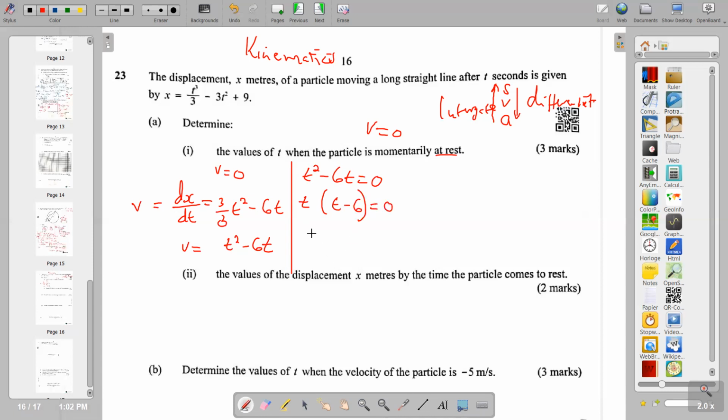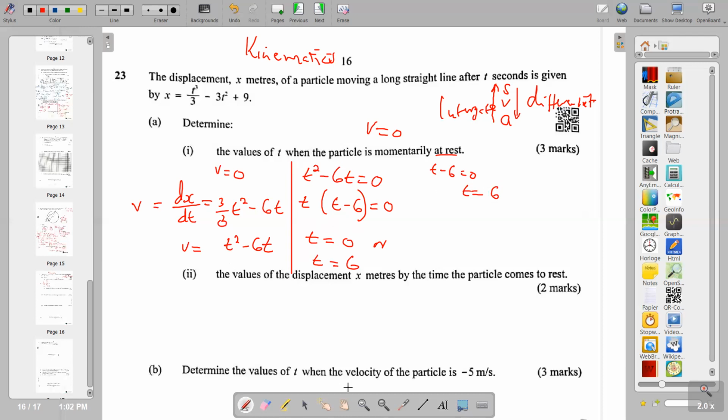So t is equal to 0 or t minus 6 is equal to 0. Taking 6 to the other side, t is equal to 6. So you have two values: t is equal to 0 and t is equal to 6.